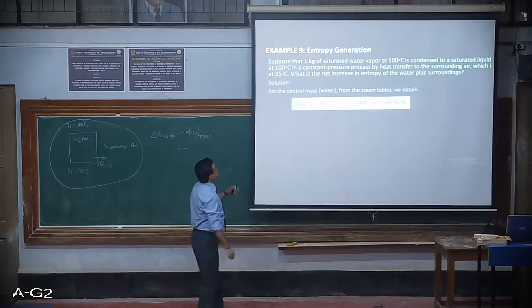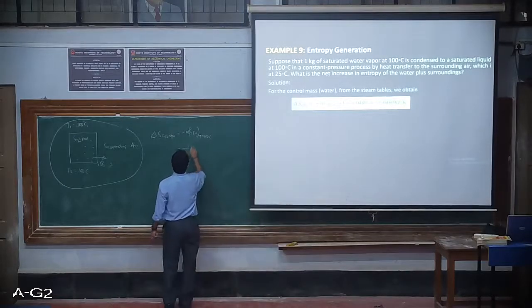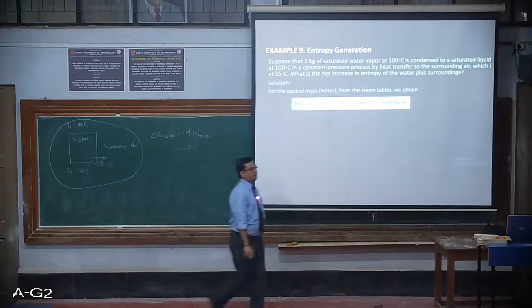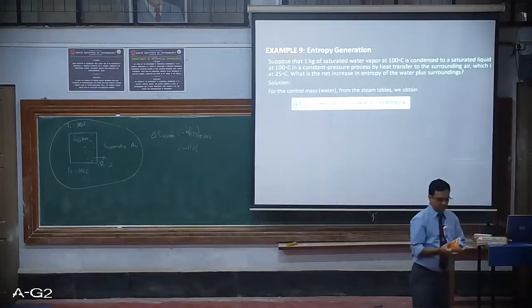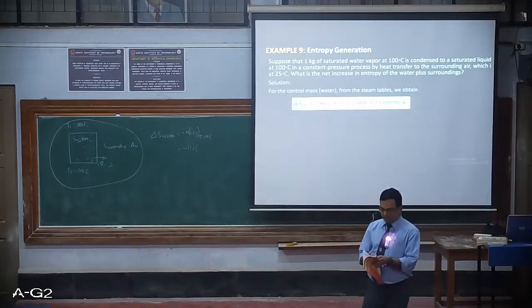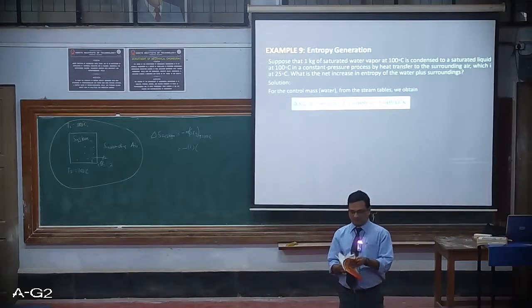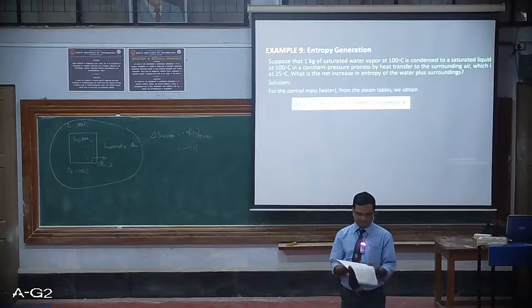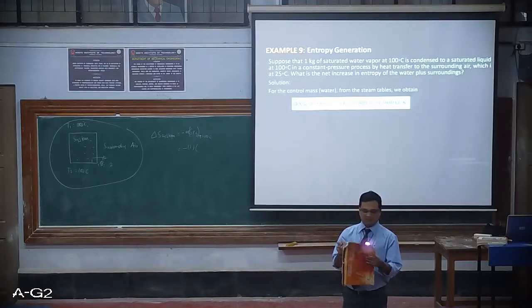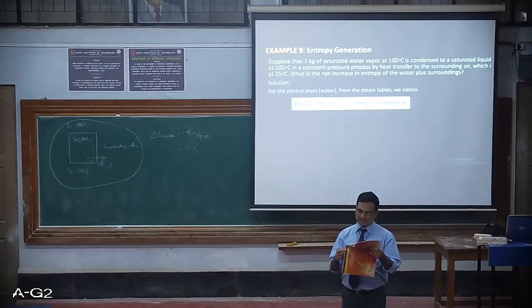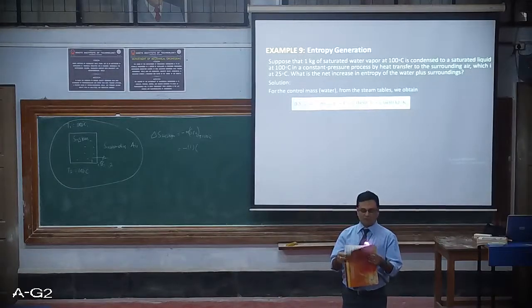Since it is given as 1 kg, the mass is 1 kg. Let's find out the value of SFG from property tables. So go to the temperature table, simple. Go to 100 degrees Celsius and the value of SFG, that is column number 12.